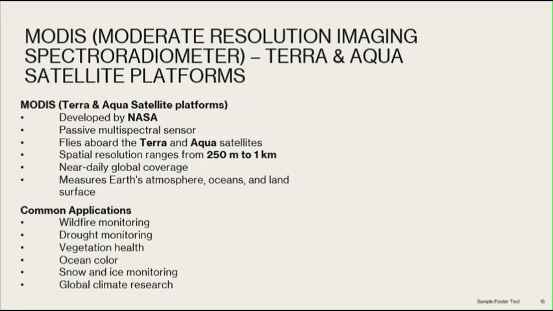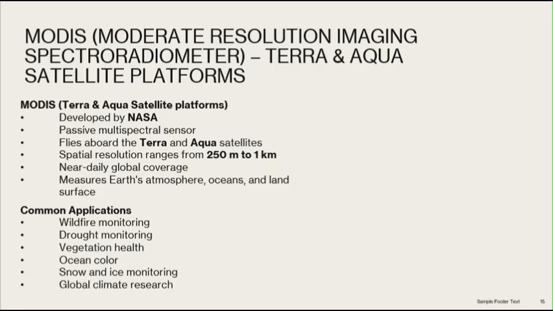One important trade-off is spatial resolution. MODIS images have a spatial resolution ranging from approximately 250 meters to 1 kilometer, which is much coarser than Landsat's 30 meters or Sentinel-2's 10 meter resolution. This means MODIS cannot distinguish individual buildings, roads, or small agricultural fields.